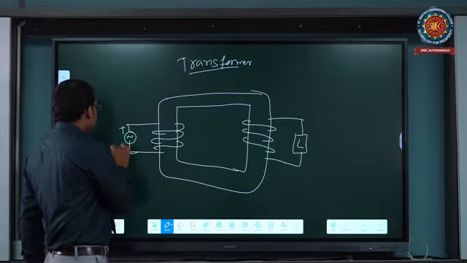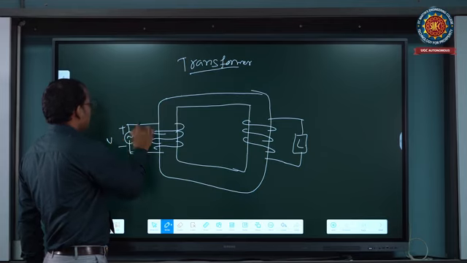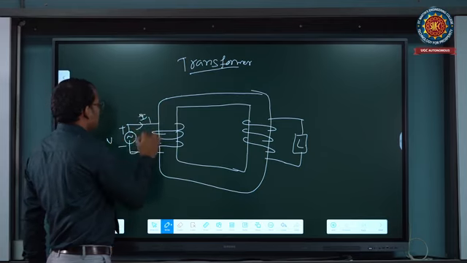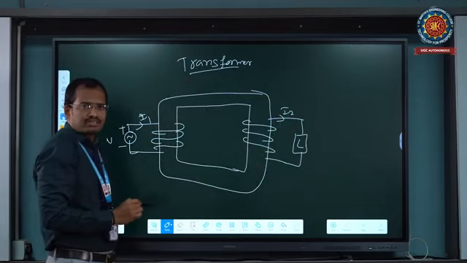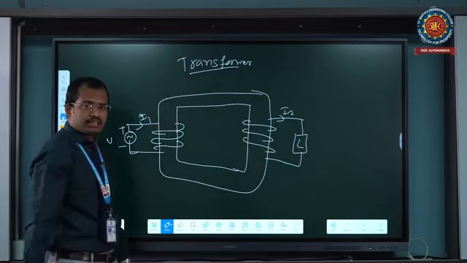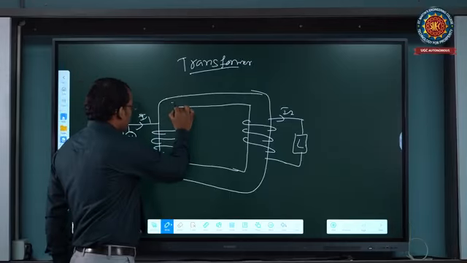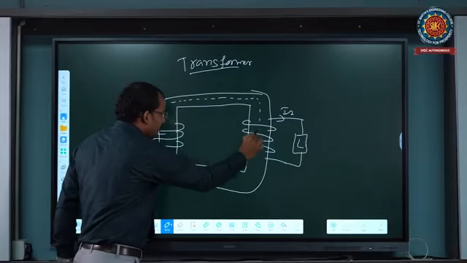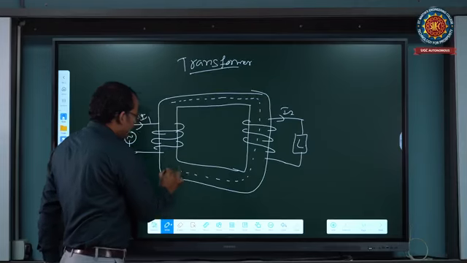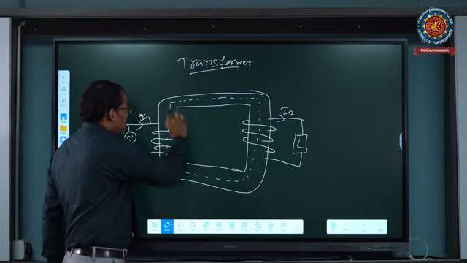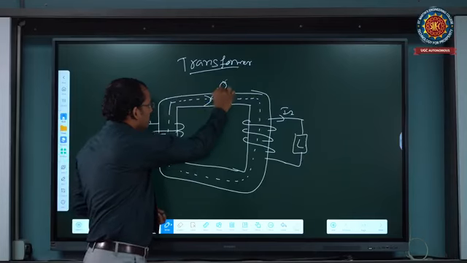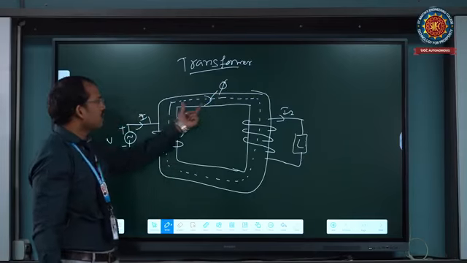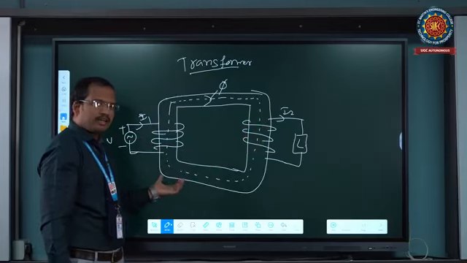Input side voltage, primary current I1, and secondary current I2. Whenever we give supply on the primary side, an induced EMF links primary to secondary. This is the magnetic flux with the help of the iron core of the transformer.